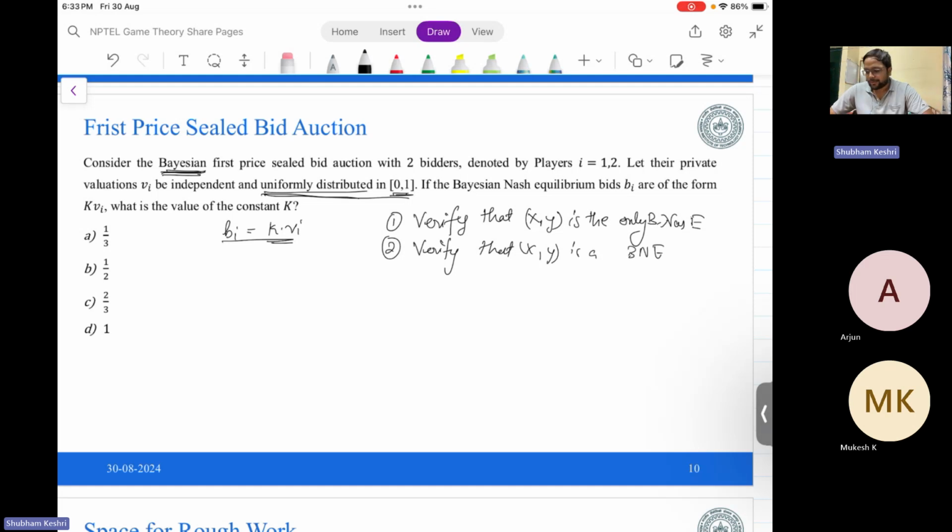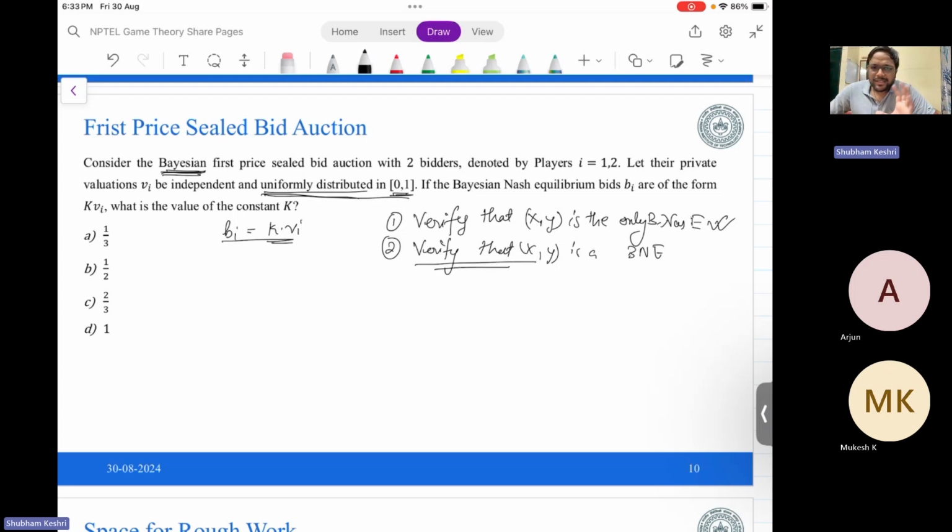These two kinds of questions are very different. In the first question, you have to check that this strategy set is the only Nash equilibrium in the game. So you have to see that both the best responses intersect only here, and there is no other intersection of best strategies.